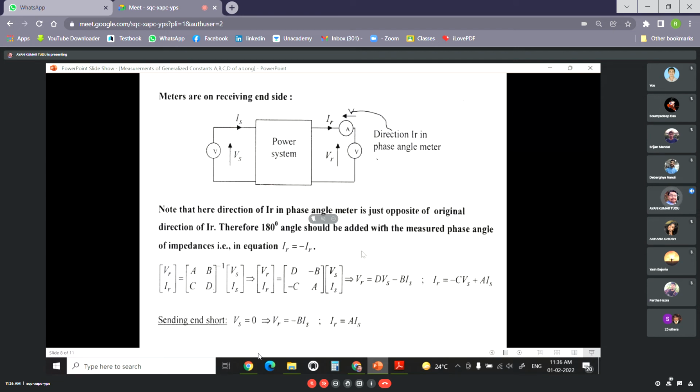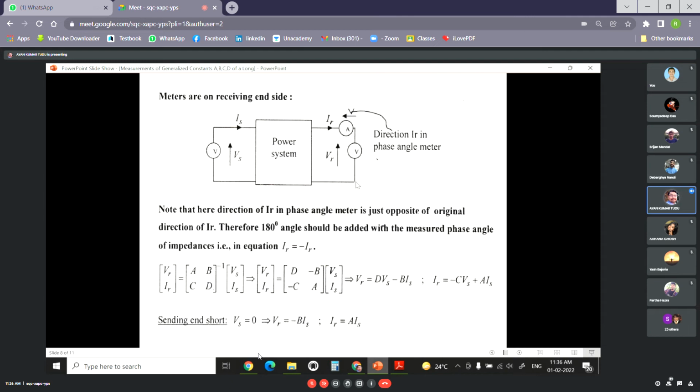I'm again saying that when the meters are on the receiving end side, the phase angle meter connections are not changing, they are as it is.